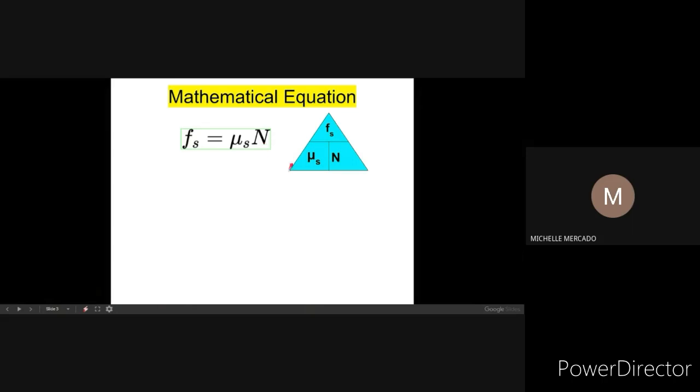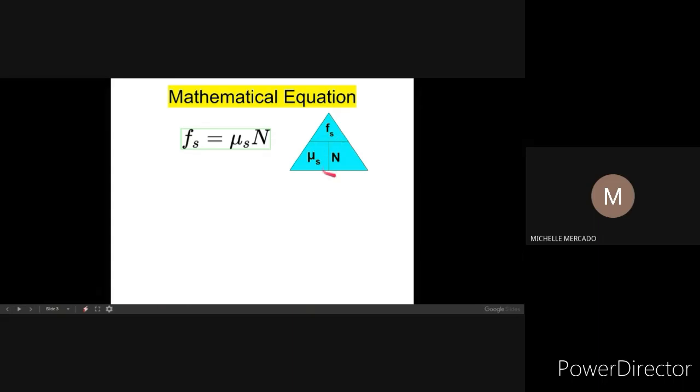We're going to use a triangle method to identify the different formulas for this problem. For example, to find the coefficient of static friction, we divide the static friction by the normal force.